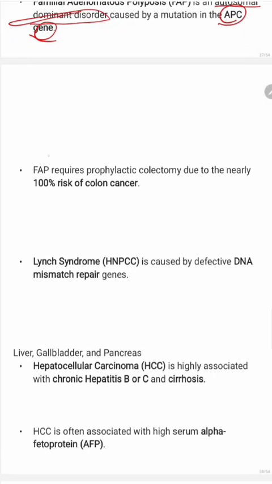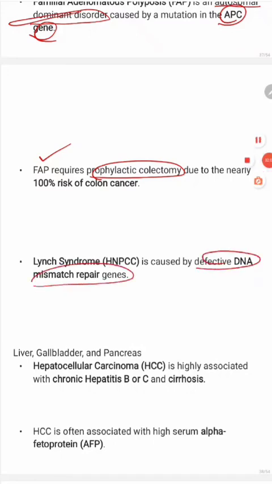If a person has familial adenomatous polyposis, there is a 100% risk of colon cancer, so you will have to do a prophylactic colectomy. Now, Lynch syndrome is caused by a defective DNA mismatch repair gene.